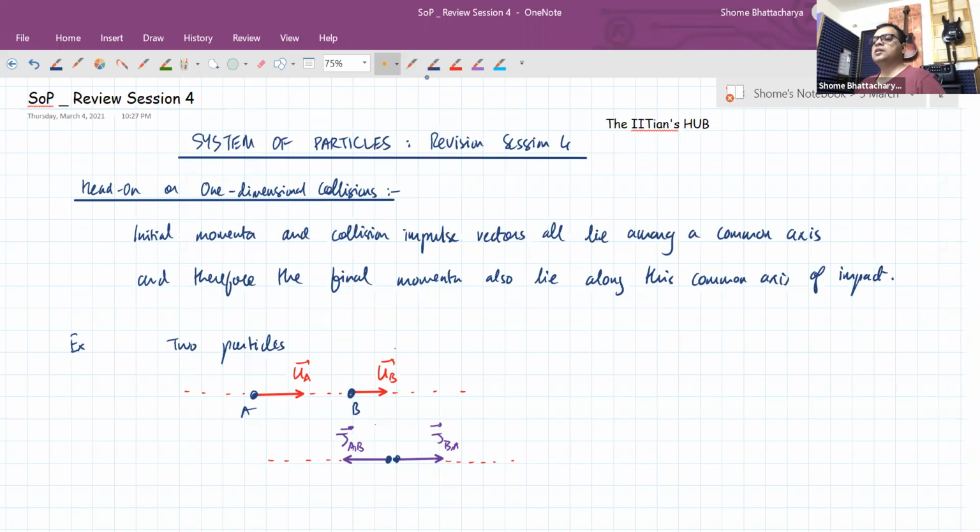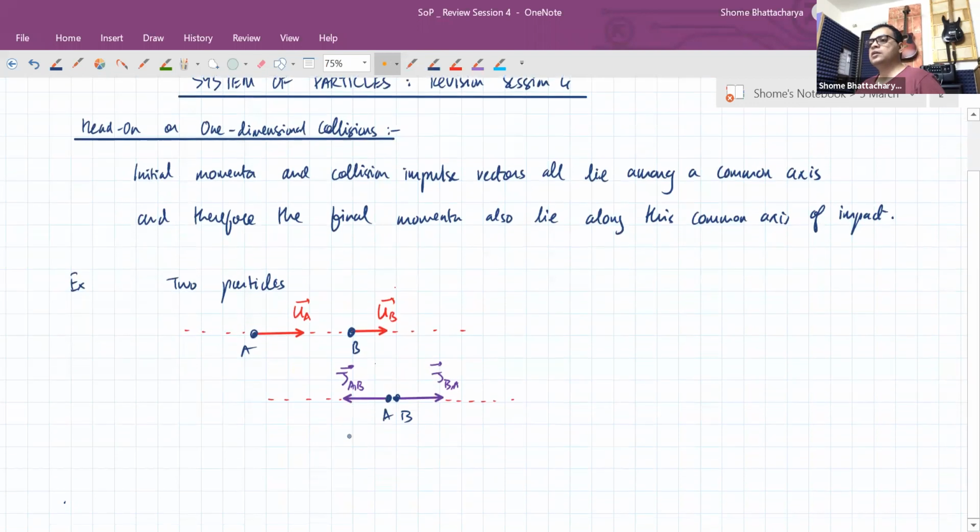As a result, immediately after the impact, A and B might have momenta which are vectors, let's say, like this, which are also along that common axis. Let's say B has increased its magnitude of velocity along the same axis, whereas A has actually recoiled back. Because of the impact impulse, A is now returning back with the final velocity VA, and B is continuing forward with the final velocity VB.